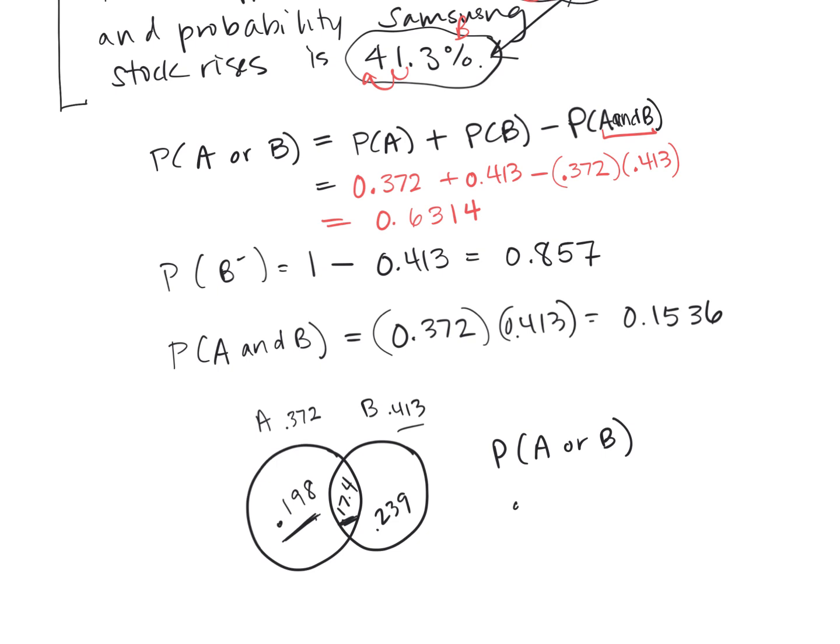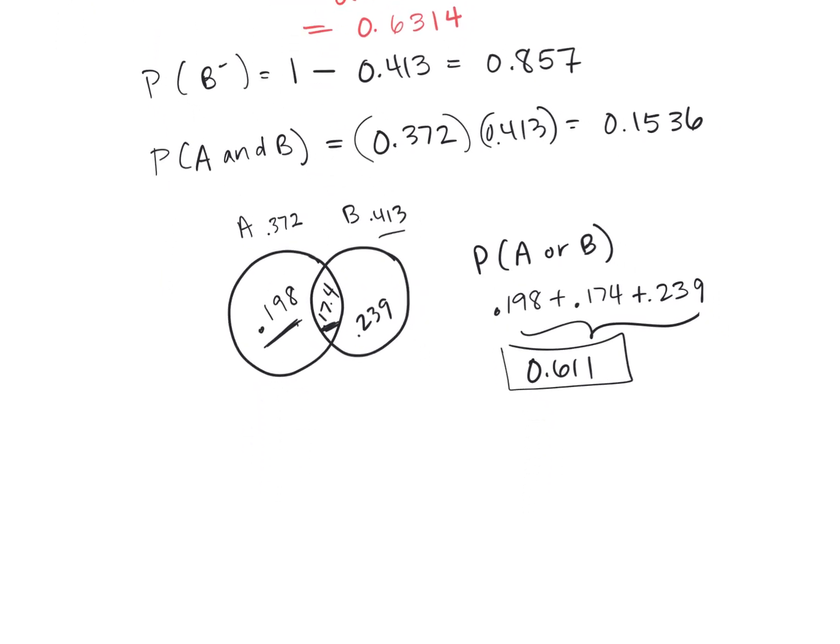So we're just going to add 0.198 plus 0.174 plus 0.239, and when you add all of those together, we get 0.611. Again, that was the probability that A or B happened, knowing they were dependent with that intersection.